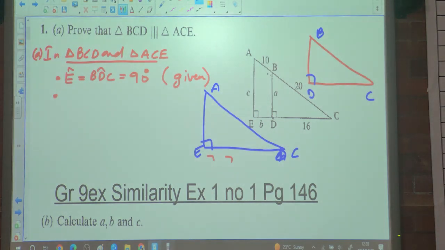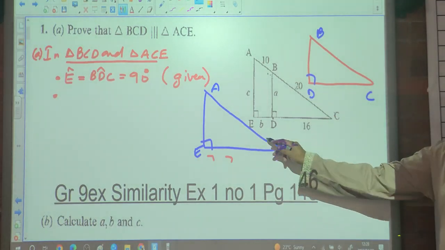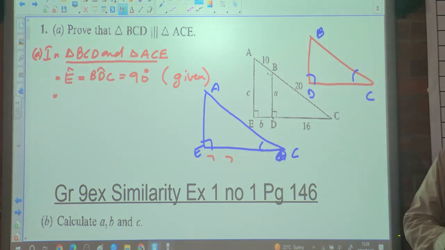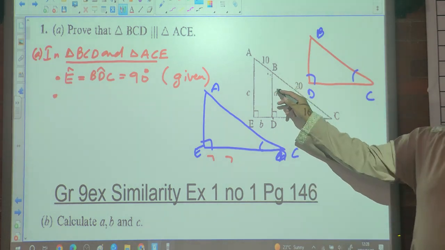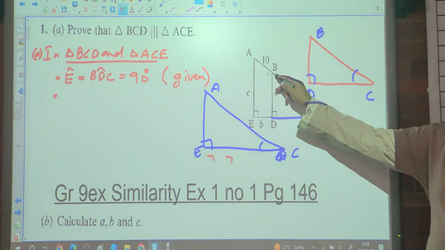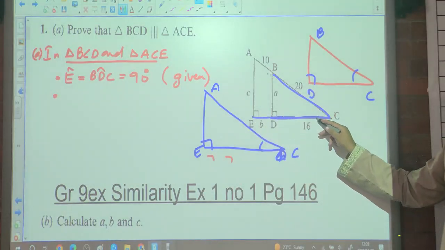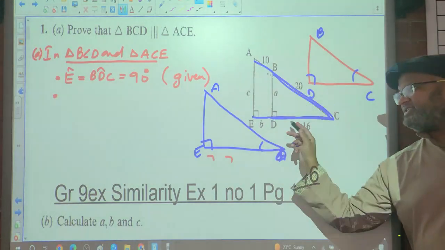Which other angle is the same? Angle C is actually the same in both triangles. Can you see that? That's this angle here, DCB. That angle is the same as angle ECA or ACE.